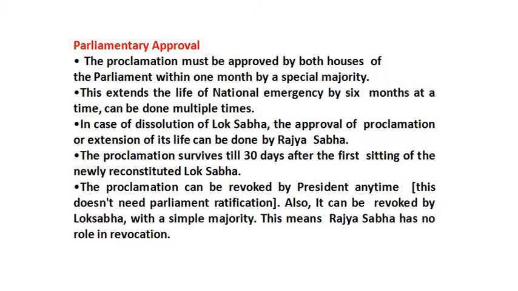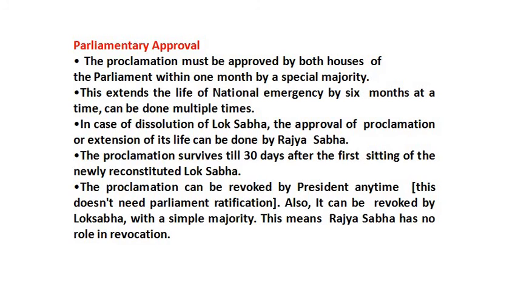So parliamentary approval means the parliament approves the proclamation, or we can say the national emergency has to be enacted or not. It has to be approved by both the houses within 1 month by the 44th Amendment Act 1978. This goes for 6 months. After the 6 months, again reapproval is required.